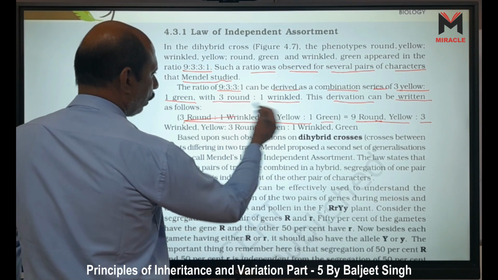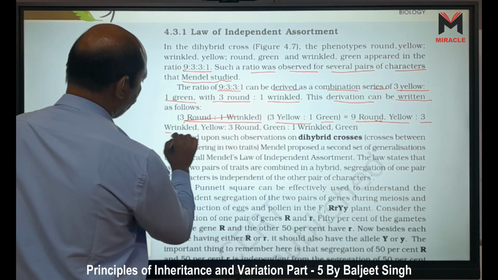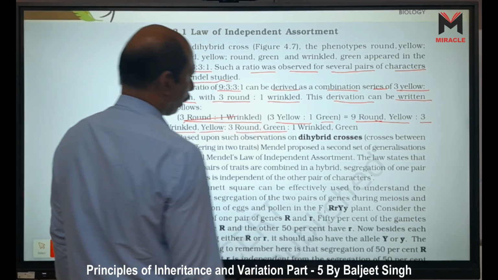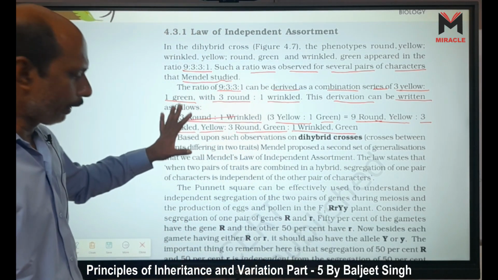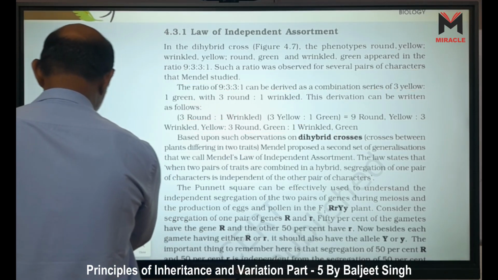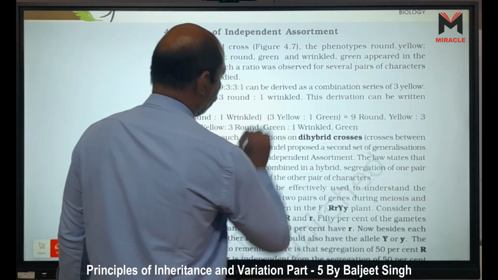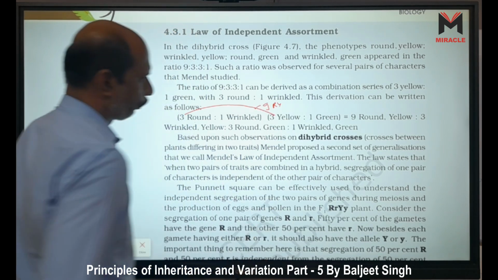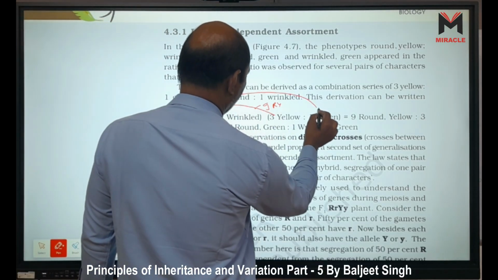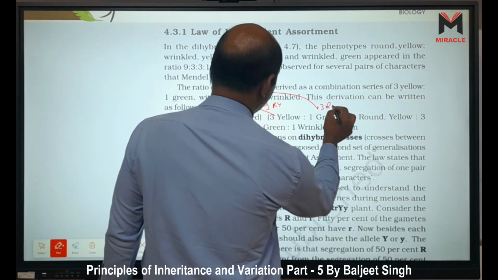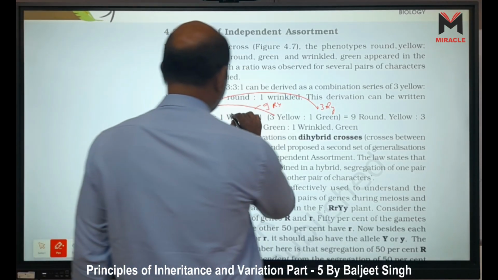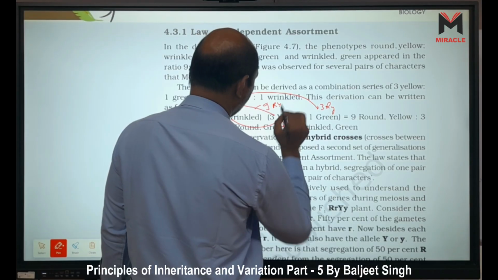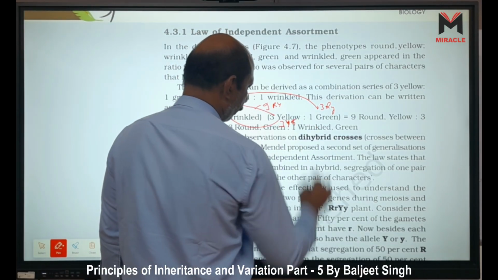Then it is given green and yellow and wrinkled: when we multiply 3 by this one, we get 3 yellow wrinkled, capital Y and small r, right?